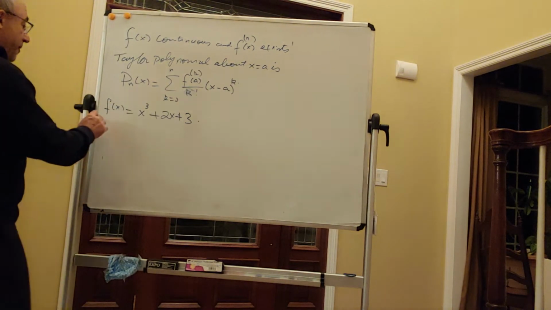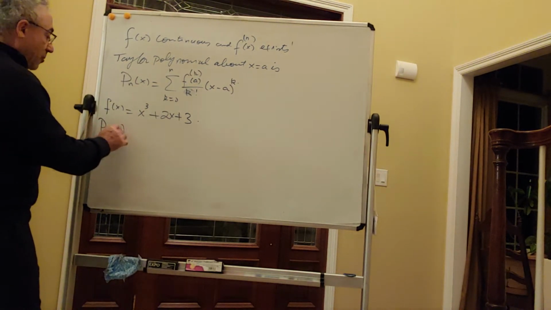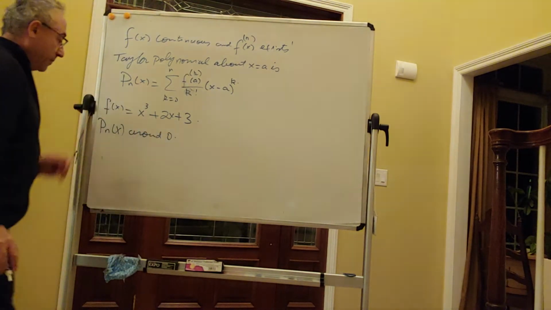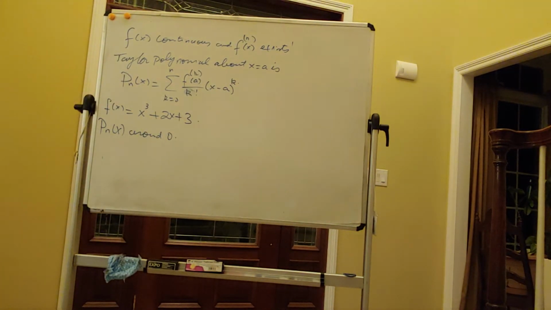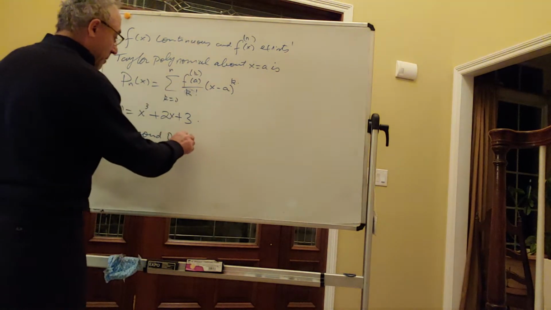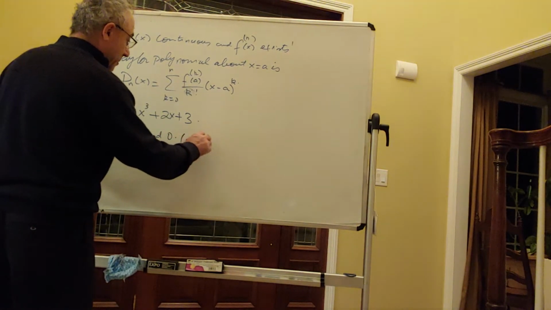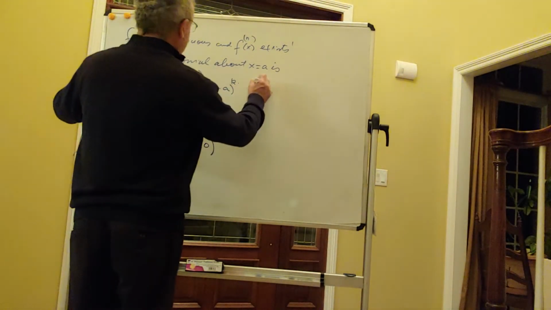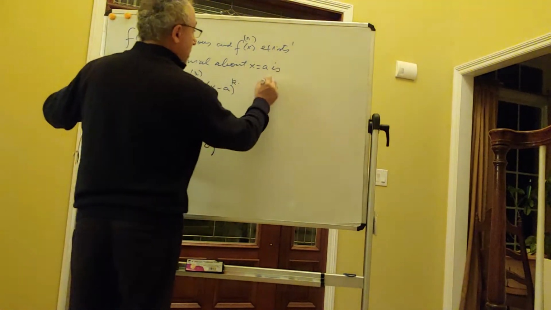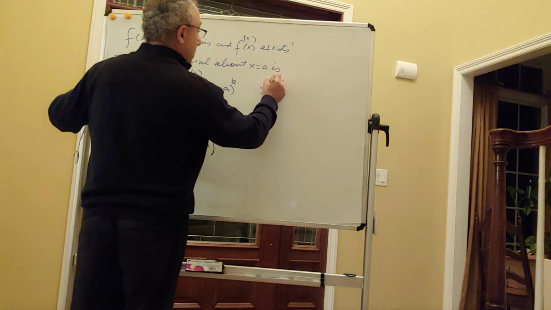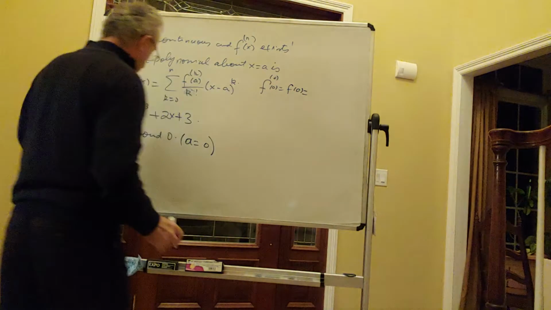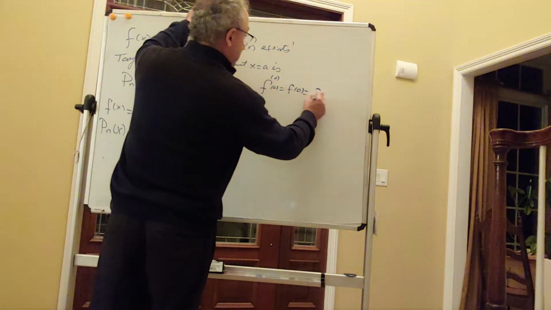And I want to find P_n of x around 0. Okay? So that means a is 0. So you start with f of 0. You need to calculate these. So f of 0, you put it here, you're going to get 3.